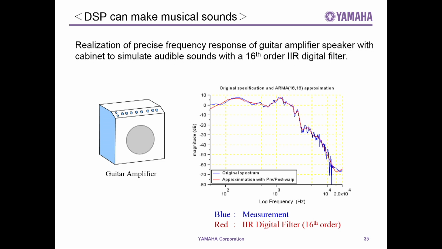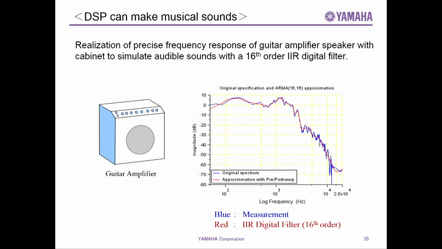Then I can show you a very easy to understand example. So this is the chart. You can see the frequency response of a guitar amplifier. I can't tell you what the target was in this case, but it is this blue line here, on the right-hand side. The blue line shows one particular guitar amplifier's sound response.